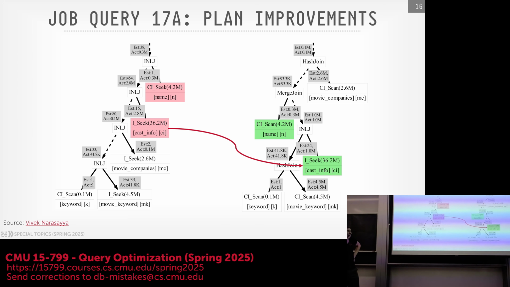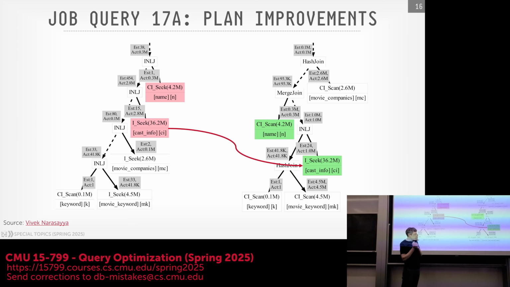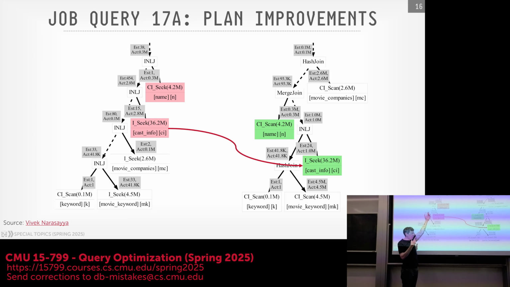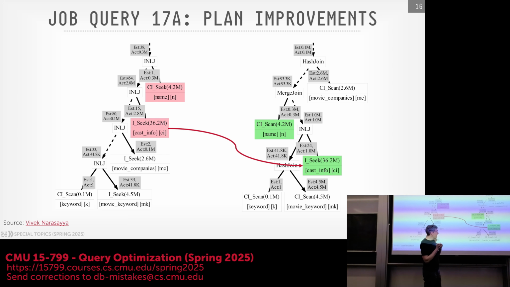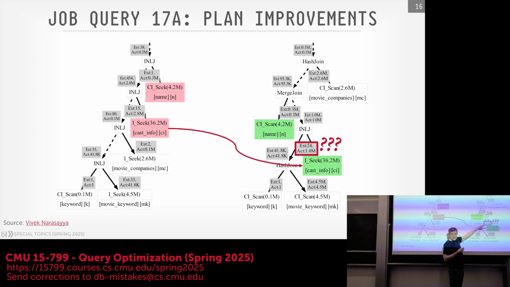The next one we have is this one here, where we're doing an index seek on the cast info table. And again, the cardinality estimator said, okay, you're going to get 15 tuples. In actuality, you got 2.8 million. So that's pretty off. And by switching over here, I actually don't know why this is like this, because it says it's estimated 24, but you're getting back 1 million.